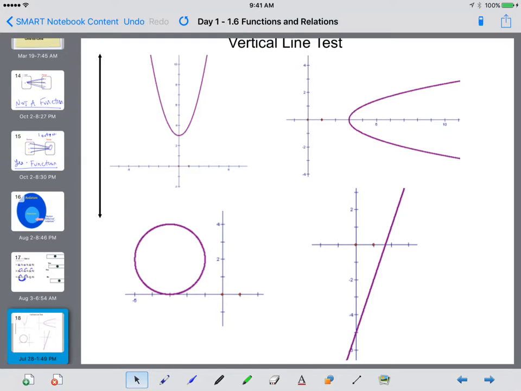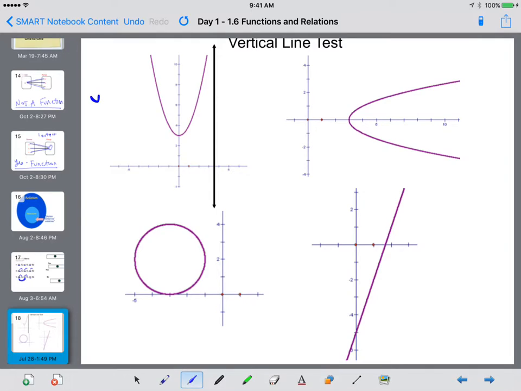The last thing we're going to talk about is something called a vertical line test. We can see a graph and determine if it is a function based on a vertical line. So if I drag this vertical line across the graph, does it ever touch the graph more than once? We would say, no, it doesn't.